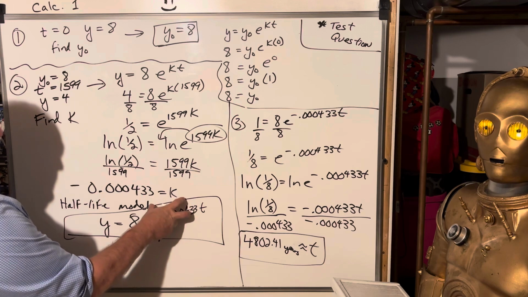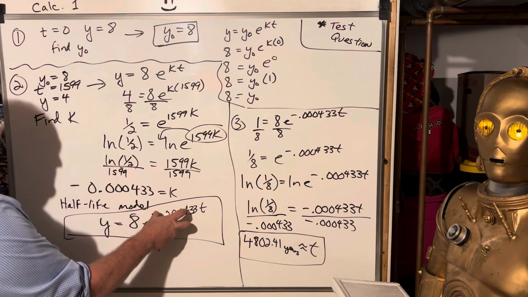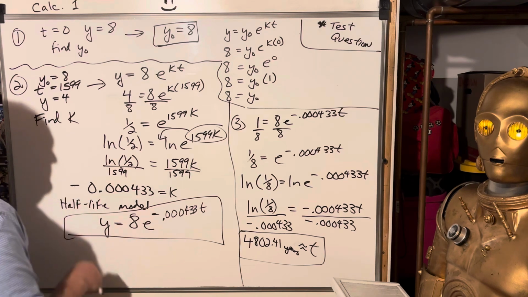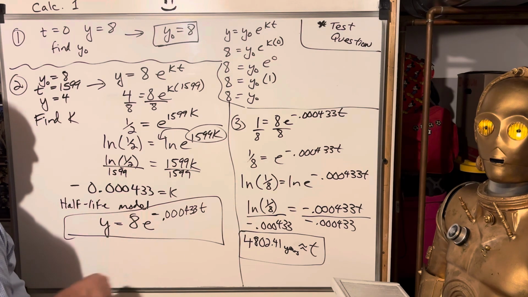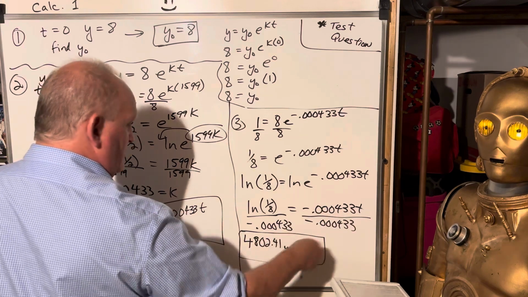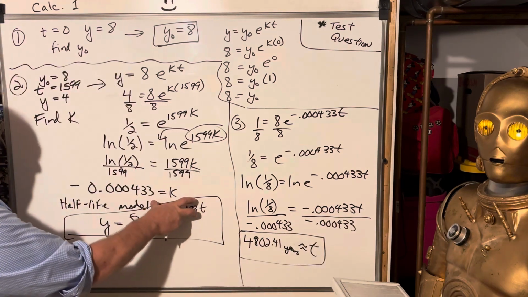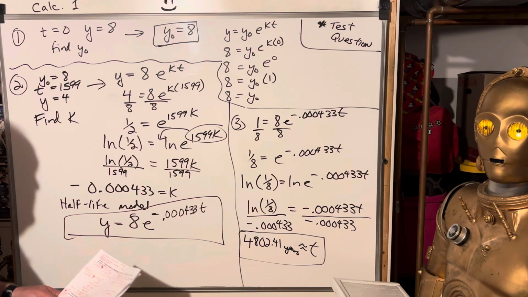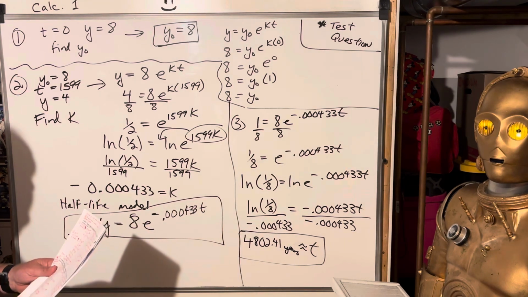That's what would go there. And then you would take that and solve it out. You know, you'd still solve for t, but it would just be this big clump there with the natural log of 1/8 and all that underneath.